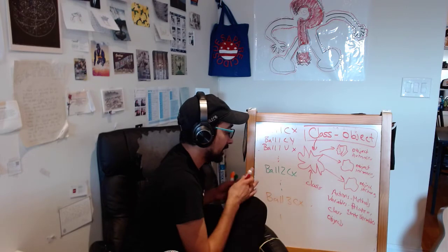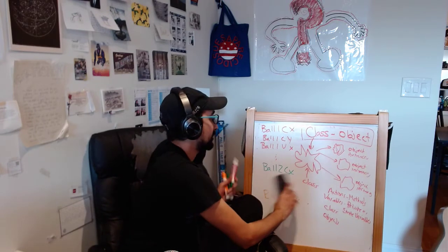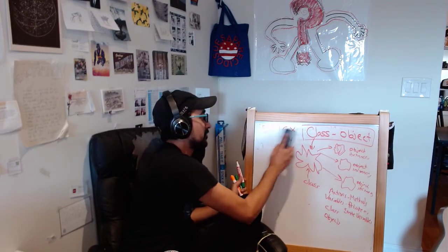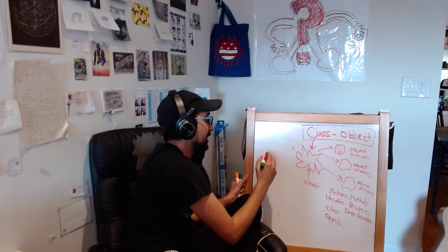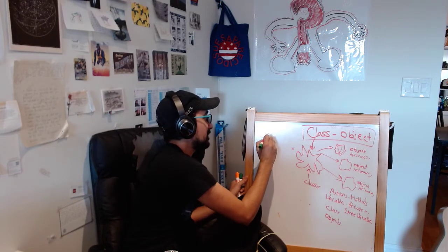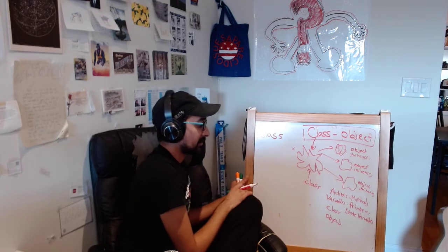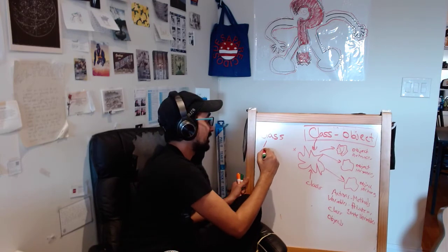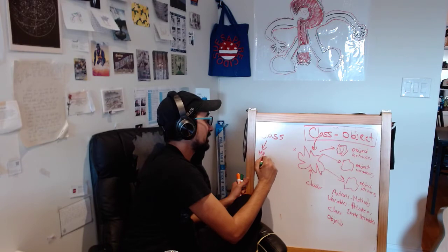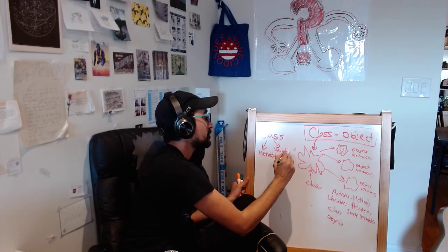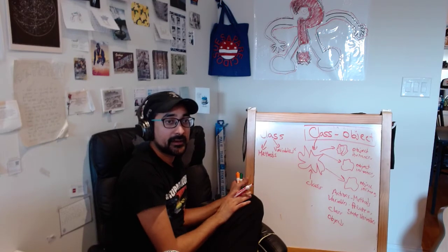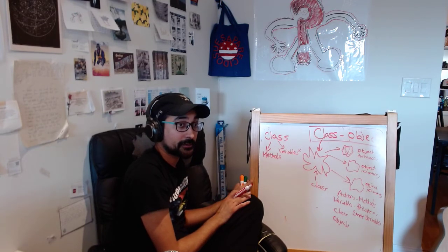Okay, and if I was to relate all of these things together for you real quickly, we have a class, which is our cookie cutter. A class consists of methods and variables.